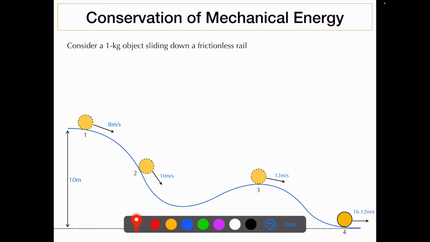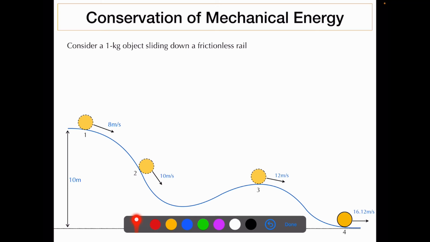Just like you can consider that this is a car on a roller coaster, and there is no friction between the tires and the rail, so it is frictionless, so that we could ignore the influence of friction on the motion.